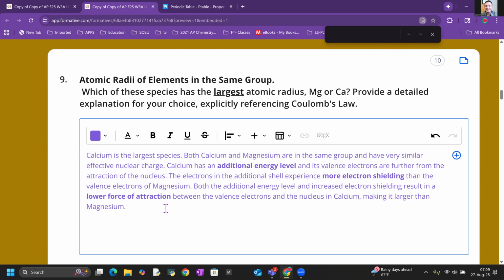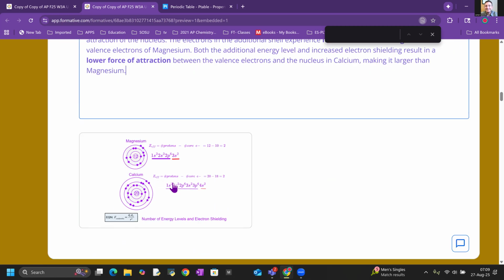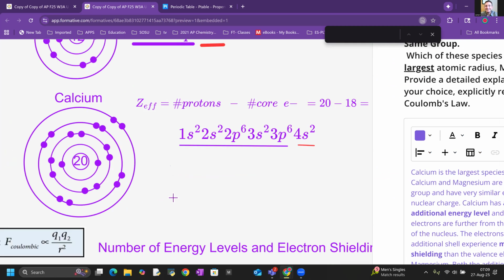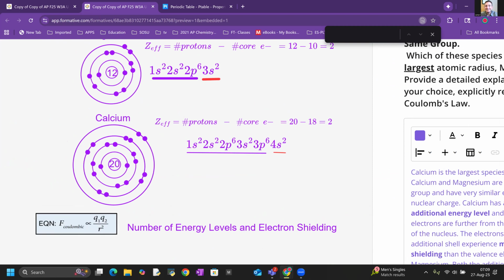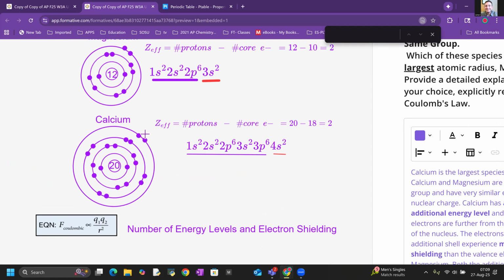So we see we're applying Coulomb's law. Coulomb's law talks about the relationship between distance and the force of attraction. And we see in our equation that the force of attraction or repulsion, and in this case, we're talking about attraction because we're talking about negatively charged valence electrons to the positively charged nucleus, is inversely proportional to the square of the distance.